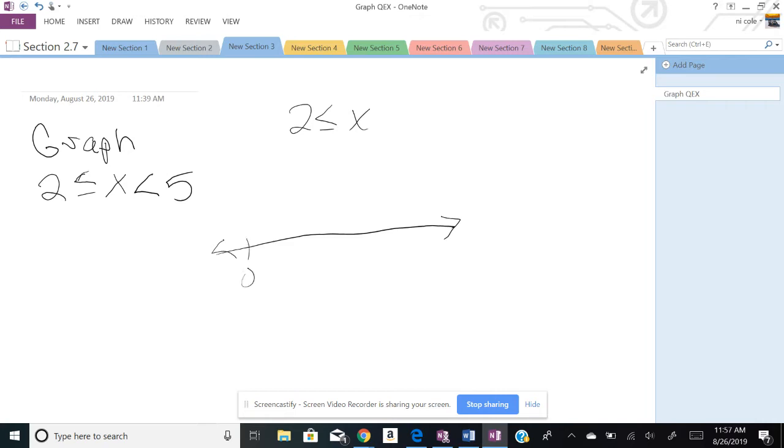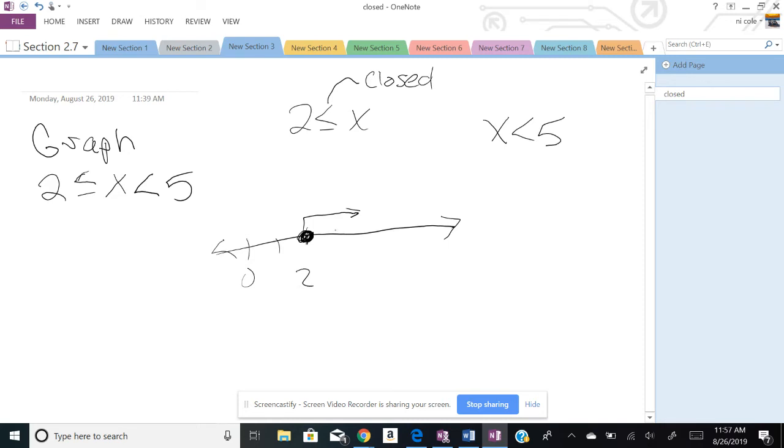Here's our 0, 1, 2. There's 2. Okay, so at 2, I'm going to have a closed circle, and because x is greater, I'm going to go to the right.